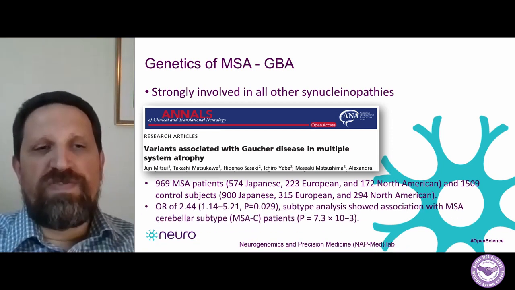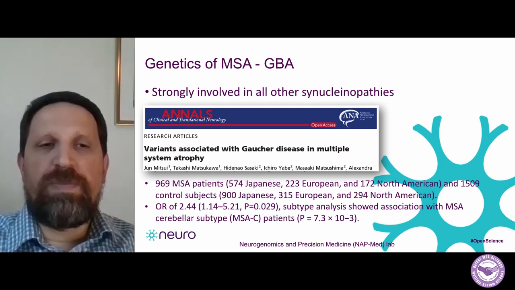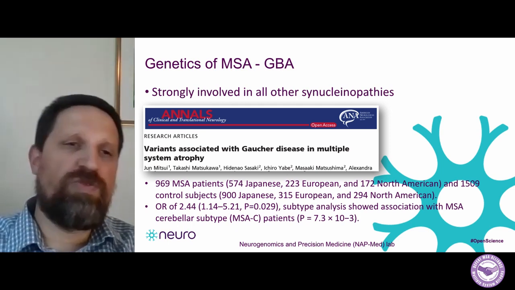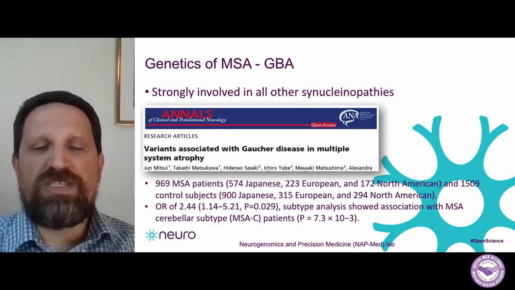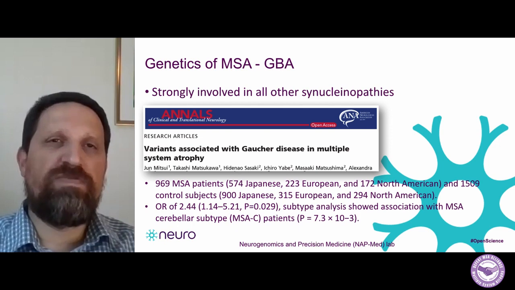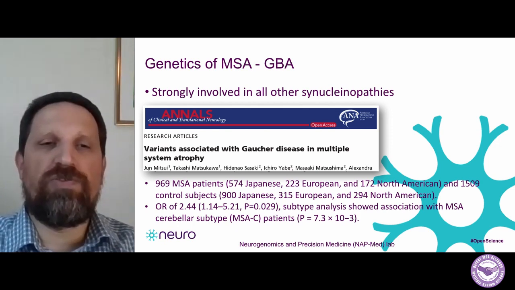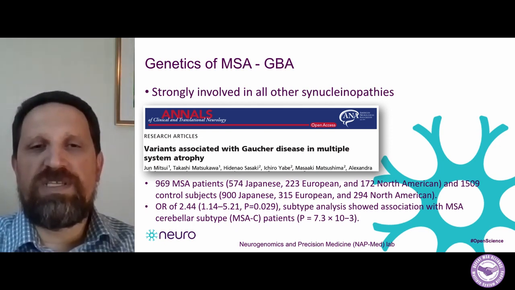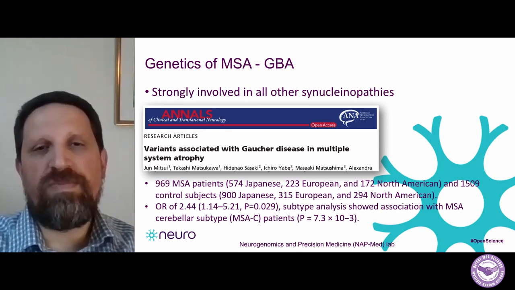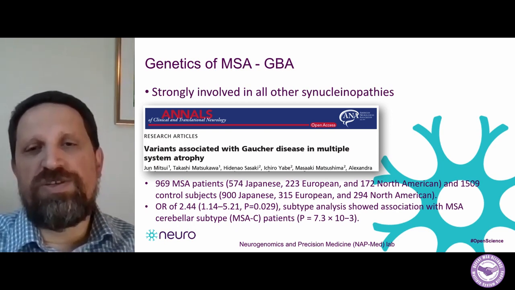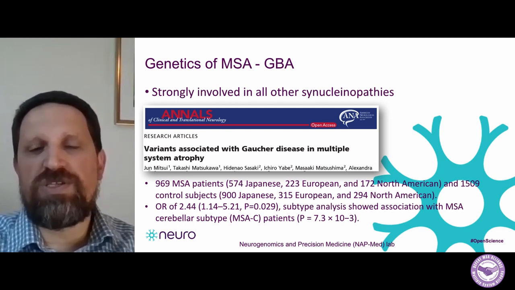What the authors of this study found is that people with GBA mutations have slightly higher risk, with what we call an odds ratio of 2.4, which you can think of as meaning that people with this mutation have a bit more than twofold risk to develop MSA compared to those who do not have mutations in this gene. The authors also showed that GBA mutations might be associated more with the cerebellar type of MSA.